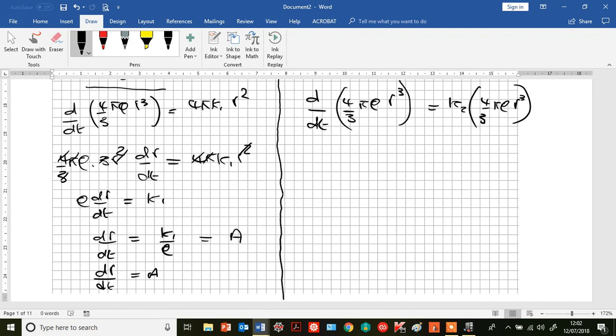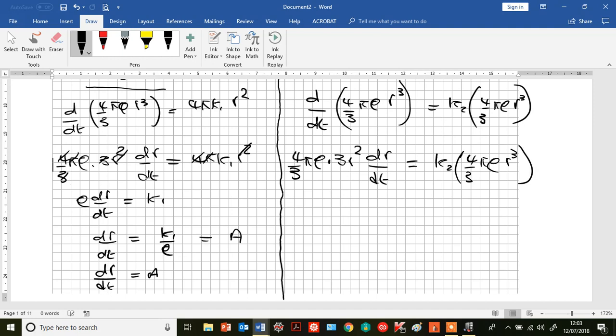Now we do the same with the second equation. We've got 4/3 pi rho times the derivative of r cubed, which is 3r squared, and that leaves dr by dt, and that's equal to k2 times 4/3 pi rho r cubed.